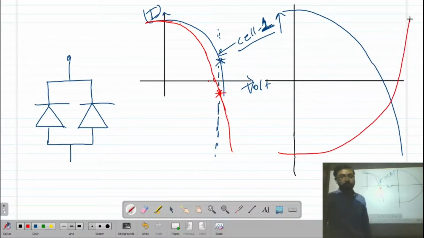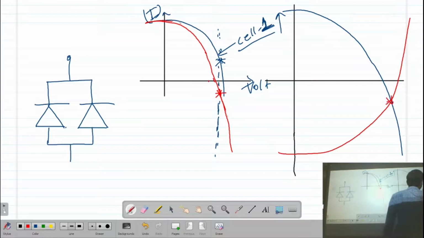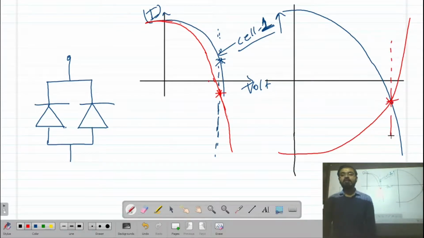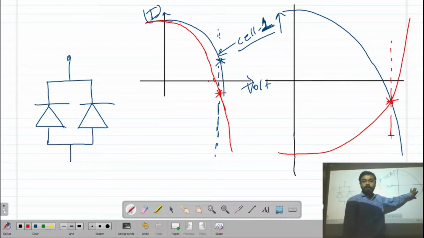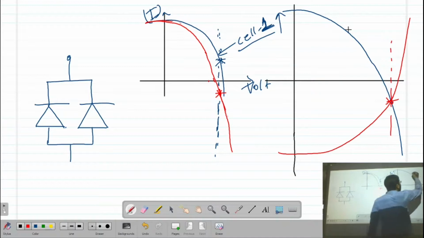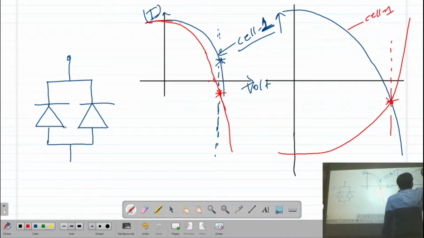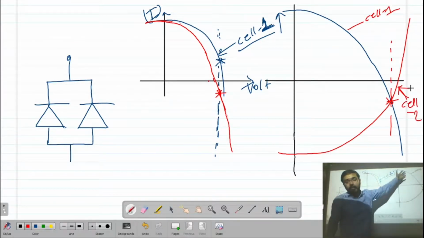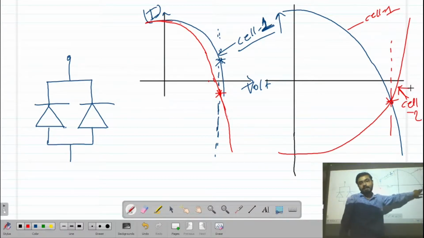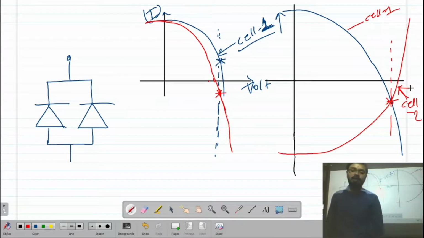The operating point of the parallel connected solar cells will be somewhat in the fourth quadrant in this mismatch, because this is of cell 1, this is of cell 2. As we are taking the fourth to first, this will be in the forward bias region. So this is the problem that is generated in the parallel connected solar cell.